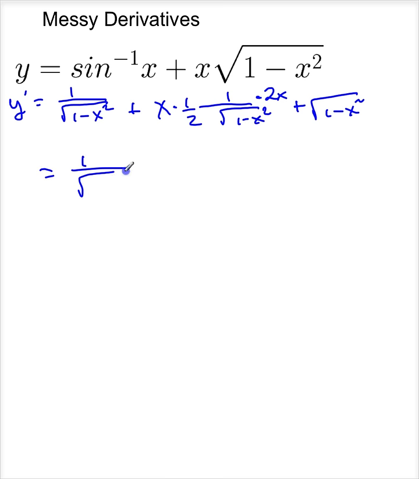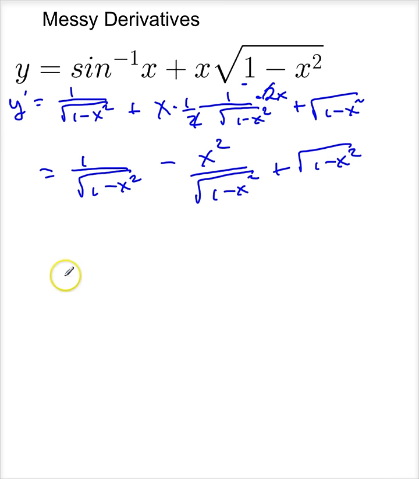So let me rewrite this. This is 1 over the square root of 1 minus x squared. Those go away, and I'm left with, what am I left with in the numerator? Oh, I needed a minus sign there, didn't I? Yeah, because I had the negative. Minus x squared divided by the square root of 1 minus x squared plus the square root of 1 minus x squared. Now we want to get a common denominator here, and that common denominator is 1 minus x squared.